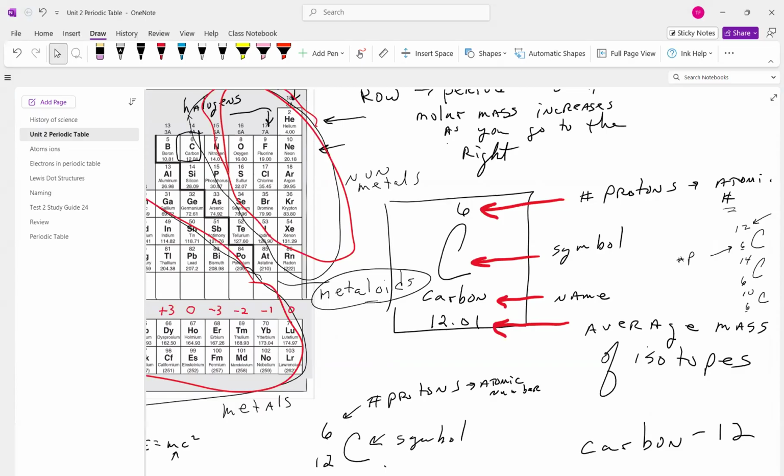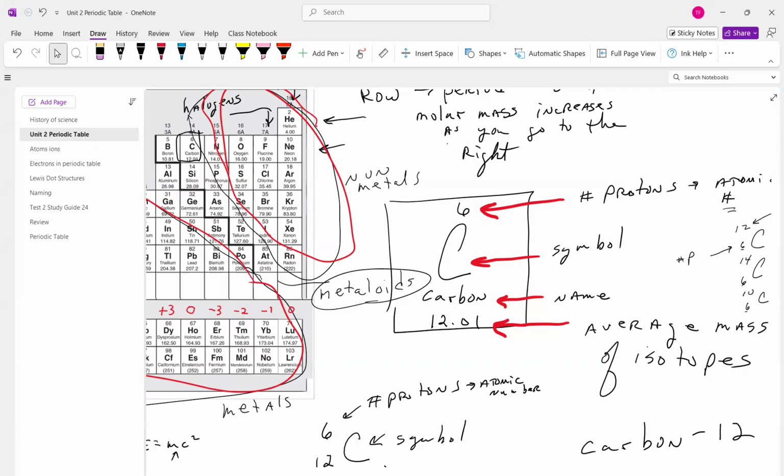6. It's also called the atomic number. So the number of protons and the atomic number are one and the same. No exceptions. The decimal number on the bottom is the average of all the isotopes on our, well, I was about to say on our world, basically in the universe, but mainly on this planet.